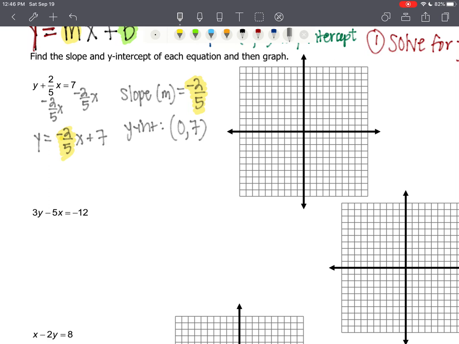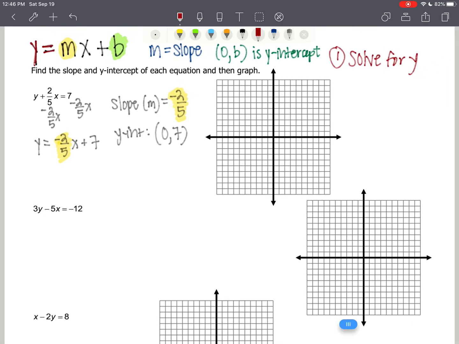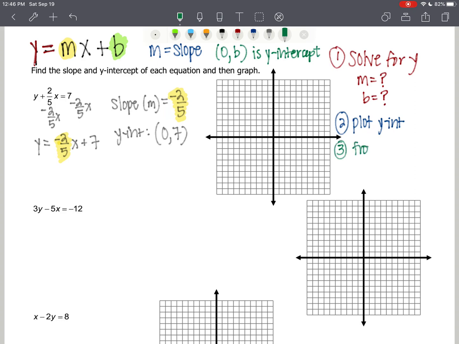So we're going to go to 0, 7 first. We solve for y, identify m, identify b, and then our second step is to plot the y-intercept, and then the third step, from the y-intercept, use your slope to plot additional points.